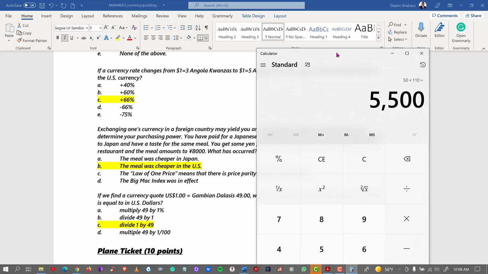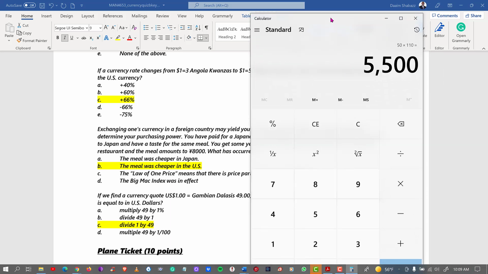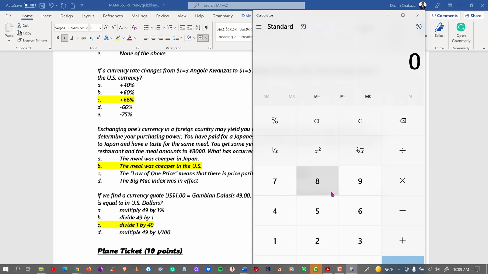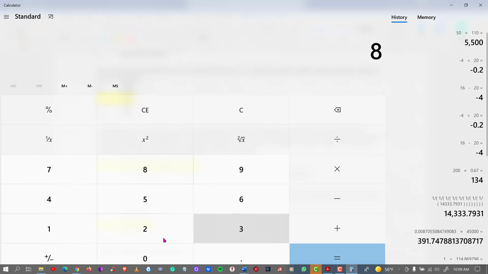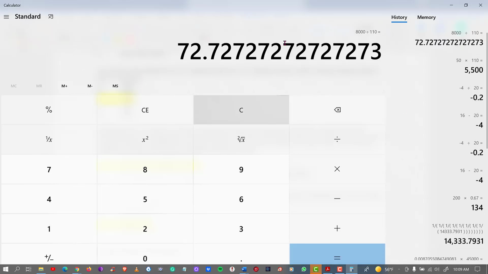There's another way you could have done it. You could have simply looked at 8,000 and divided that by 110. This shows you how much 8,000 is worth in US dollars.